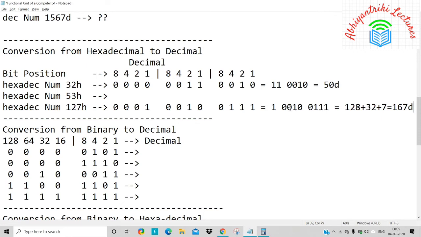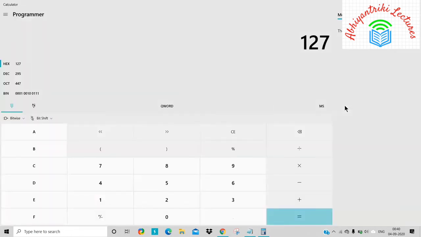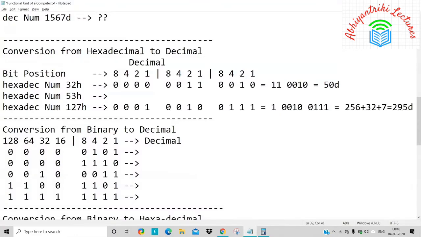Sorry, this is 256. 256 plus 32 is 288. 288 plus 7 is 295. Is it correct? Yes, 295D. This is the answer, right?